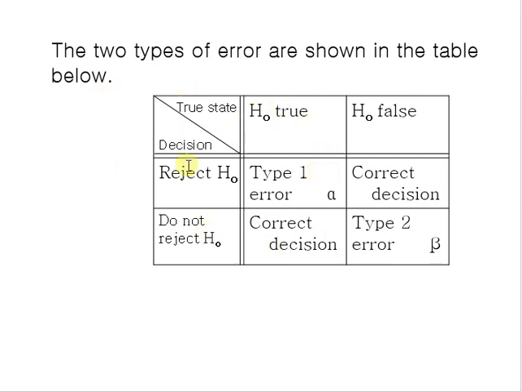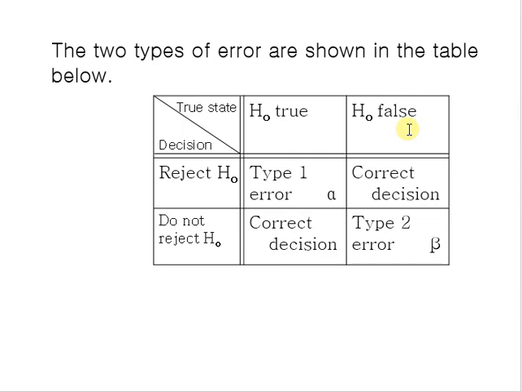In this table, the decision may be to reject H null when H null is true. The probability of this is alpha, and this is the type 1 error. Sometimes we reject H null and the reality is that H null is false.